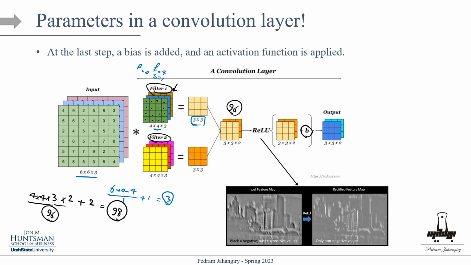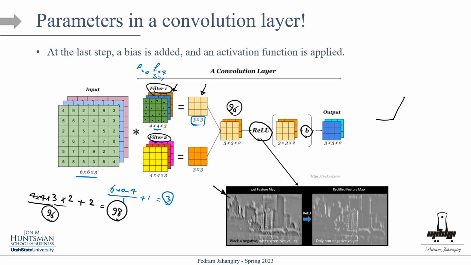One last thing I wanted to emphasize is how these activation functions work. ReLU is an activation function that gives you 0 if the value is less than 0, and it gives you identical values if the outputs are greater than 0. So this is our ReLU activation function. We're going to apply this ReLU to the feature map. At the end of the day, a feature map is nothing but a matrix.